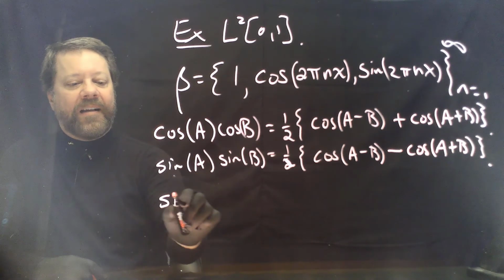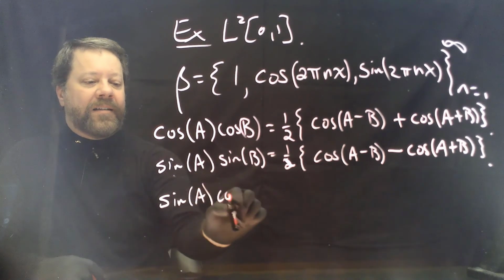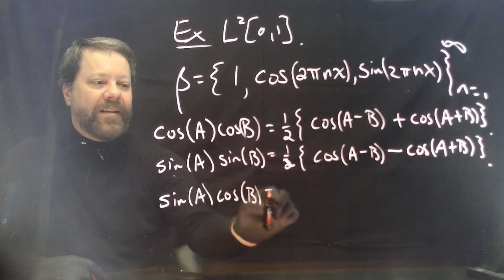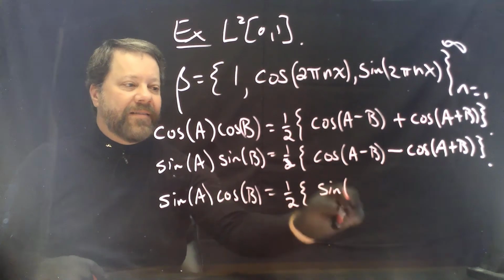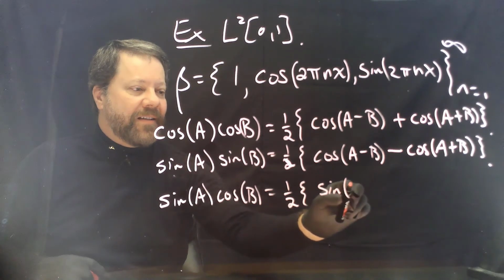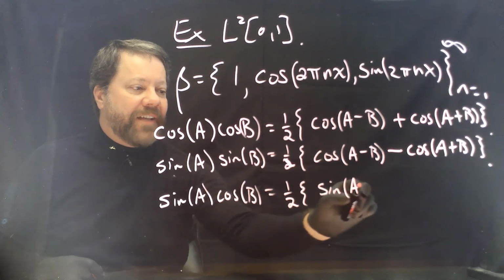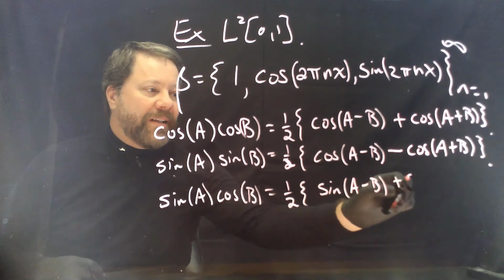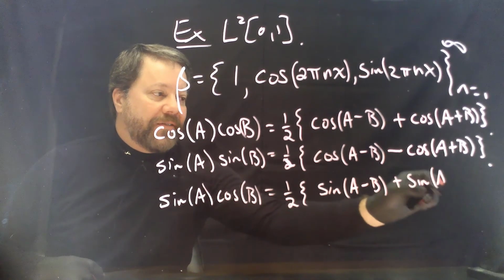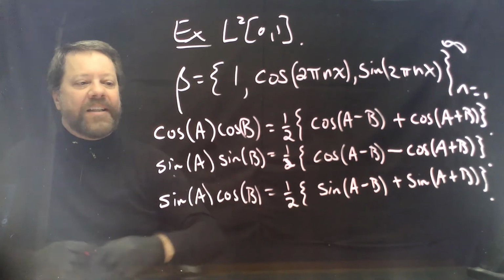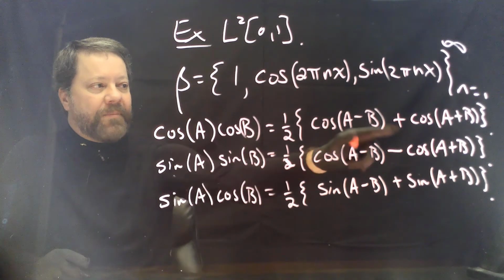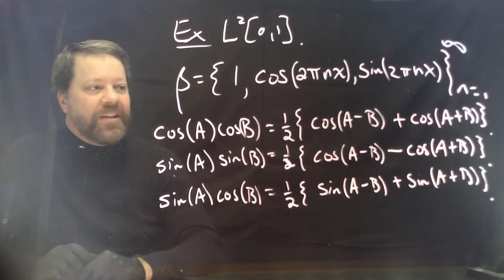And for sine of A, cosine of B, we do the sine of A minus B plus the sine of A plus B, which is easy to prove using the sum and difference of angle identities for cosine and for sine.